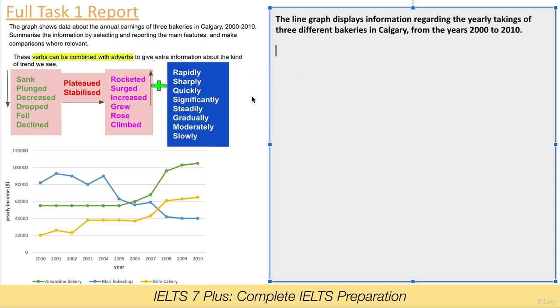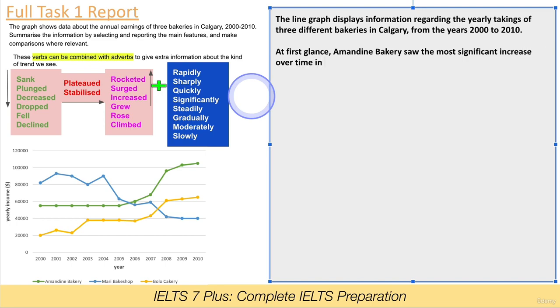Now we can go into our overview, our sweeping statement. So at first glance, Amandine, we're making sure we're spelling this right, Bakery, capitals for the name. Amandine Bakery saw the most significant increase over time in earnings.